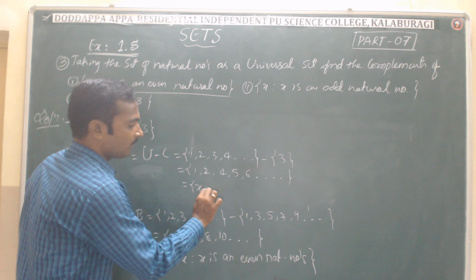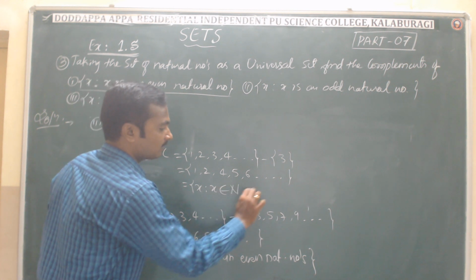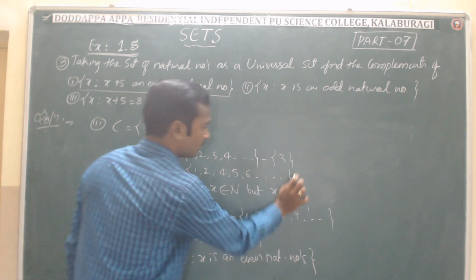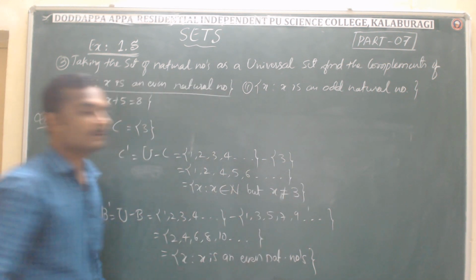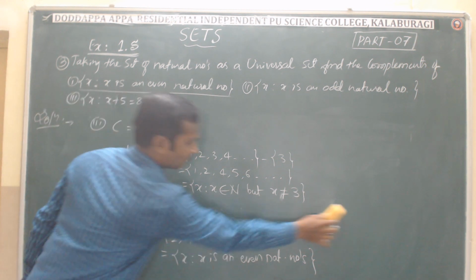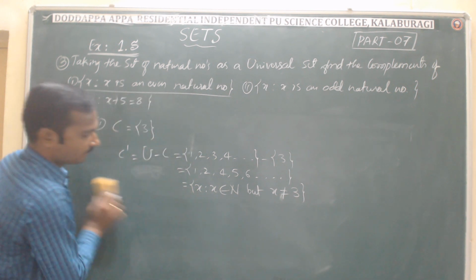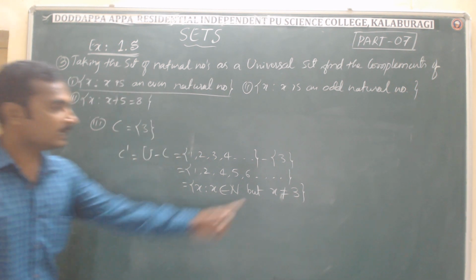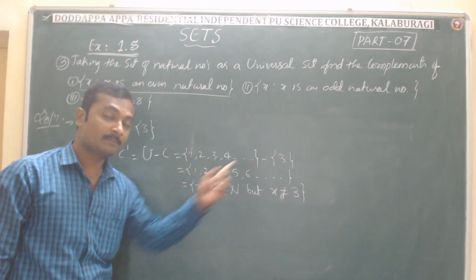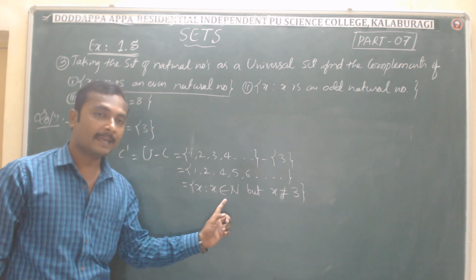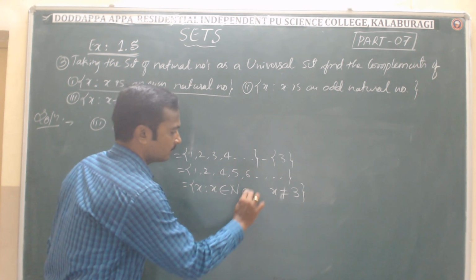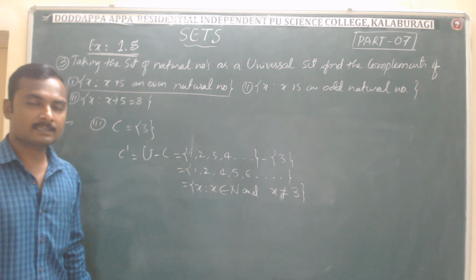The set of all x such that x is a natural number, but x is not equal to 3. This is your answer. As 3 is removed from the universal set, this set contains all natural numbers but not 3.